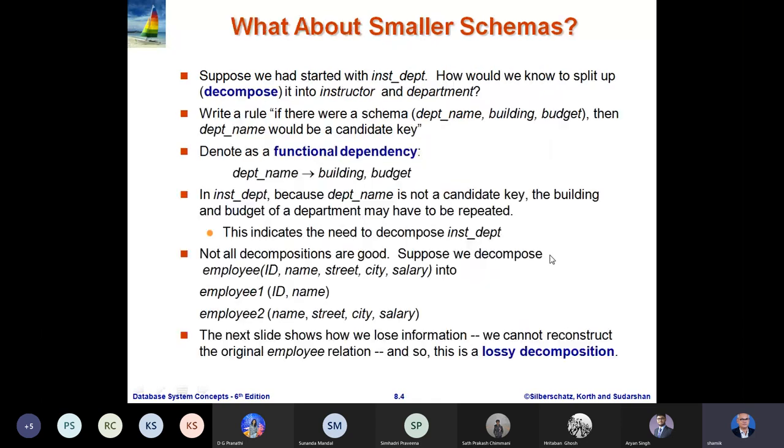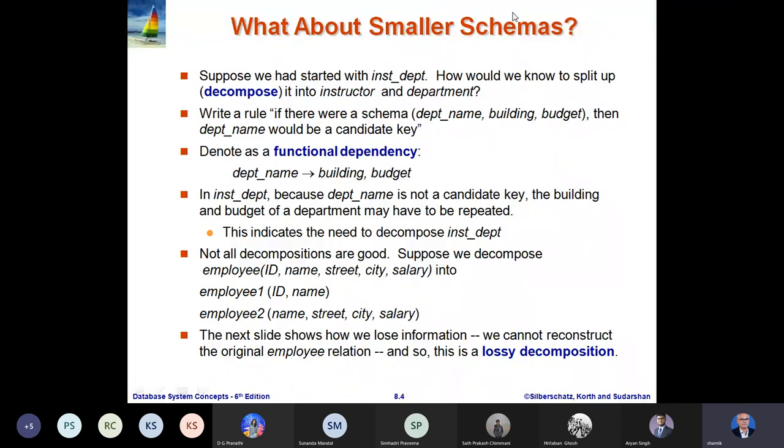Now, this is what we said, that not all decompositions are good. So we want to decompose it. We started with this, and the question is how about smaller schemas. Smaller schemas, of course, means that from this original one we'll get schemas with a lesser number of attributes.